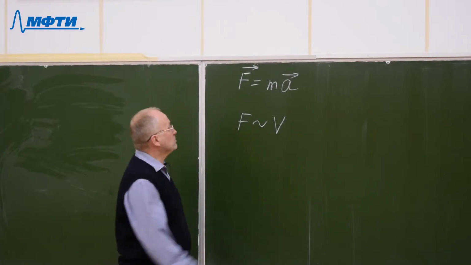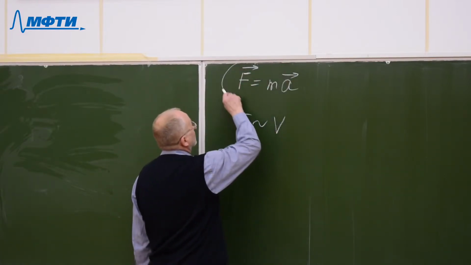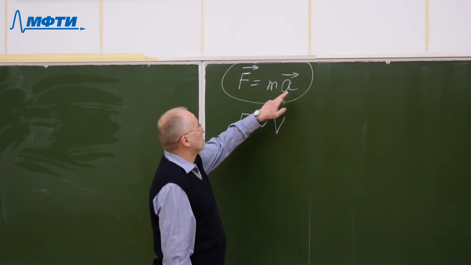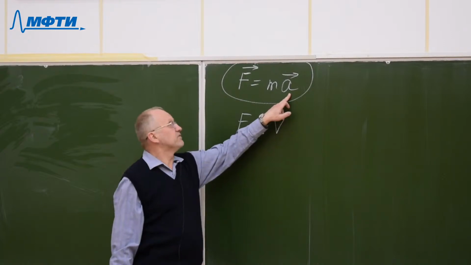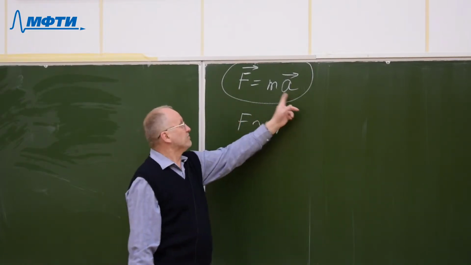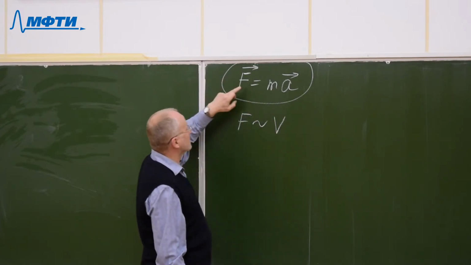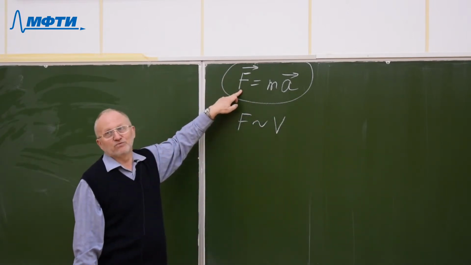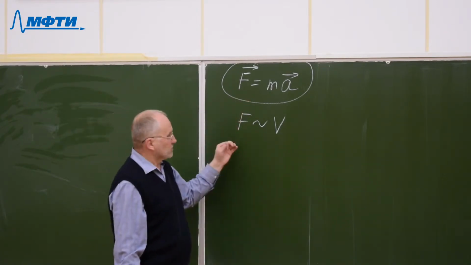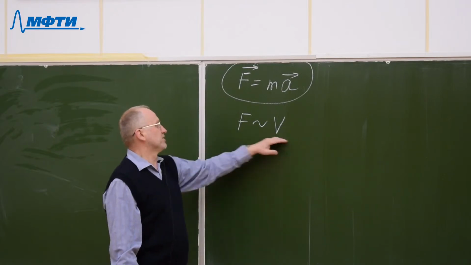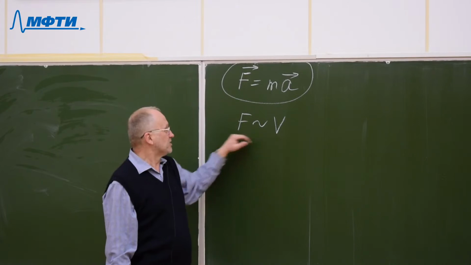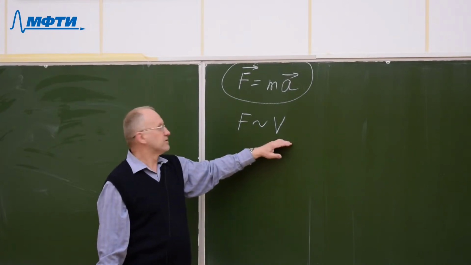But the most fundamental law says that the force applied to a body of mass m should be proportional to its acceleration, if there are no forces of friction, or if forces of friction are taken into account in this net force. That is a discovery, because for centuries people believed in this law, but finally it appeared to be incorrect.